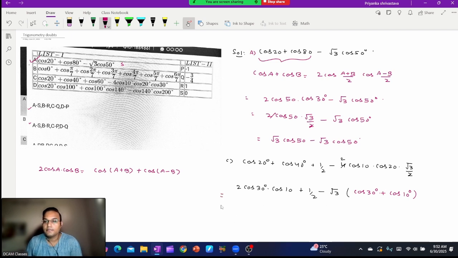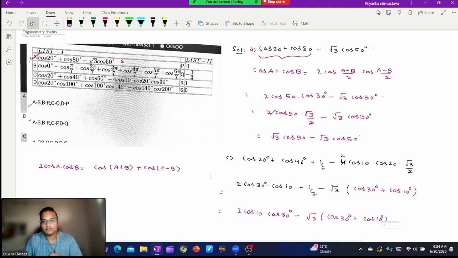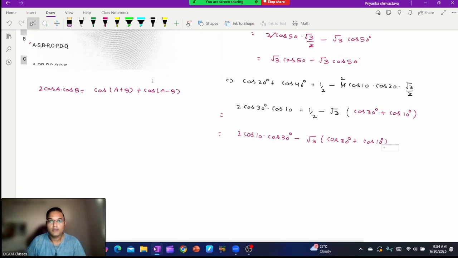So it will become 2 cos 10 cos 30 minus root 3 into cos 30 plus cos 10. So now cos 30 we know is root 3 by 2.